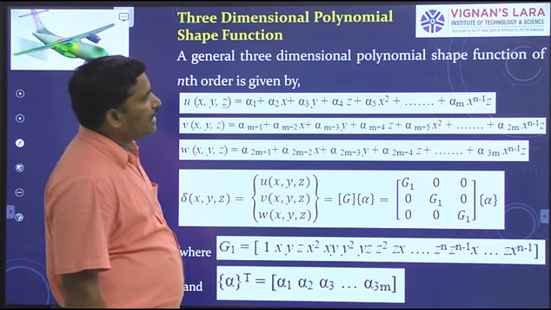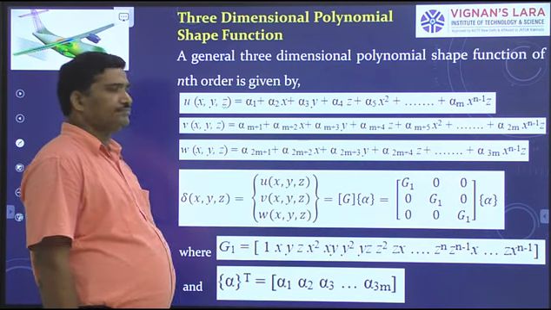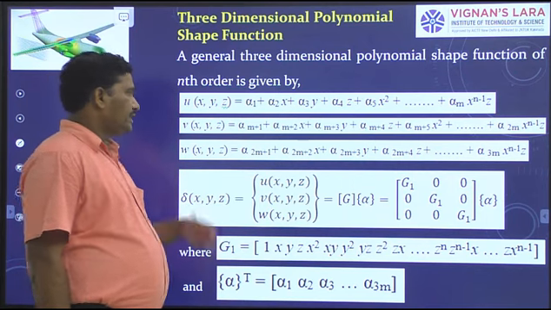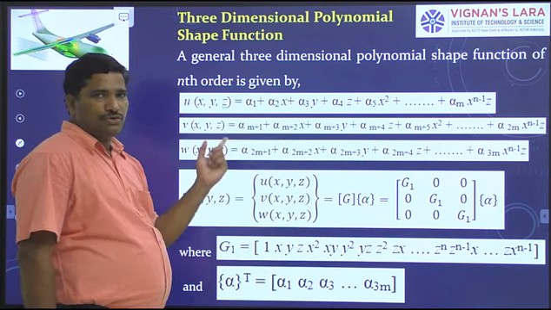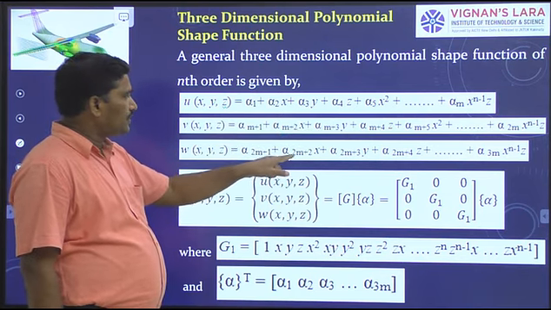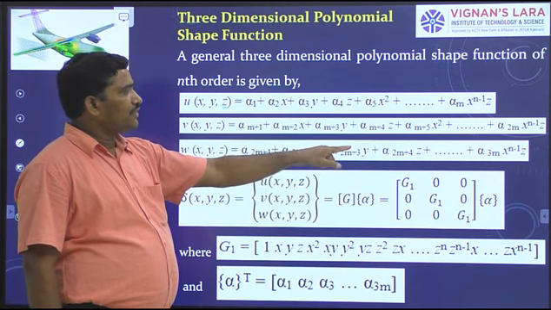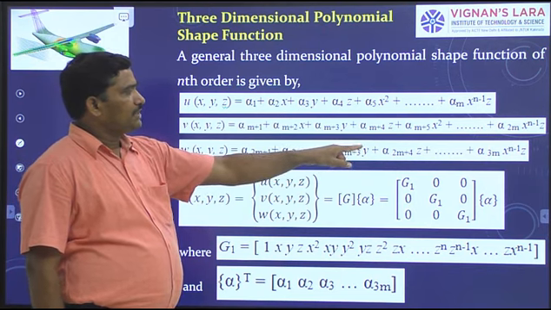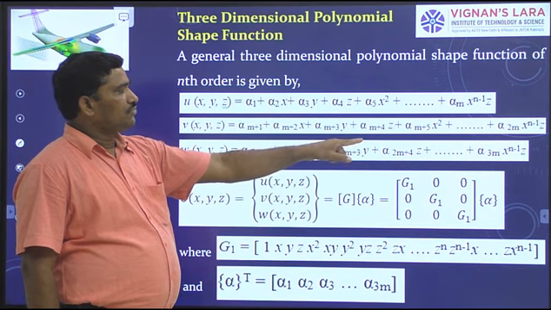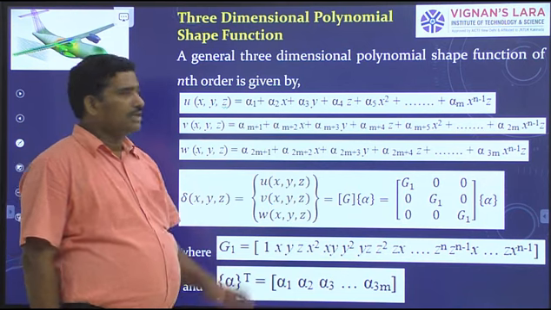It ends with alpha 2m into x to the power of n minus 1 into z. Next, w, which equals the next coefficient, right? Alpha 2m plus 1 plus alpha 2m plus 2 into x plus alpha 2m plus 3 into y plus alpha 2m plus 4 into z plus, and so on and so forth. It ends with alpha 3m into x to the power of n minus 1 into z. You can write like this.